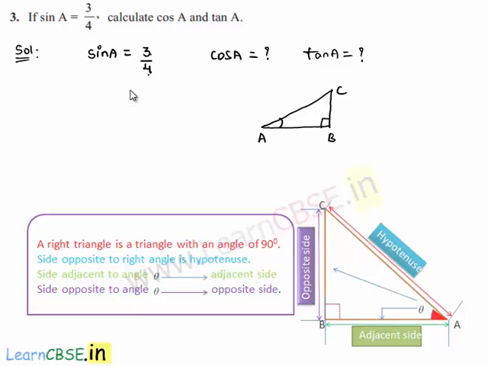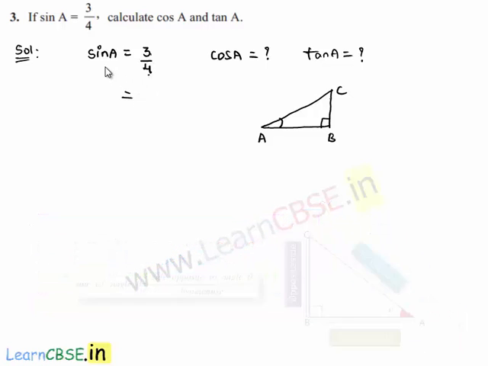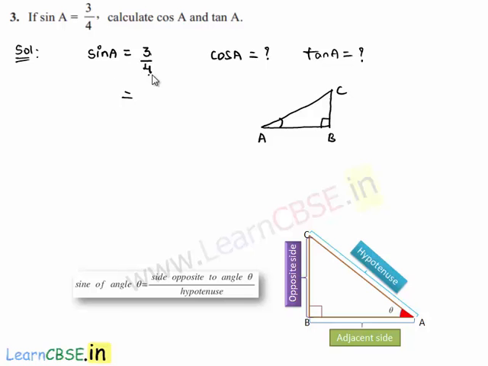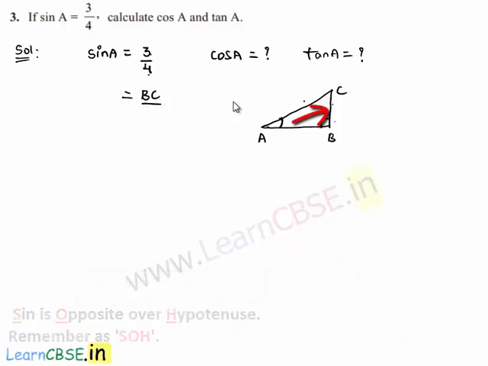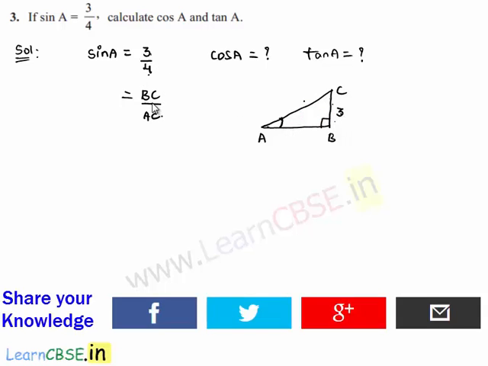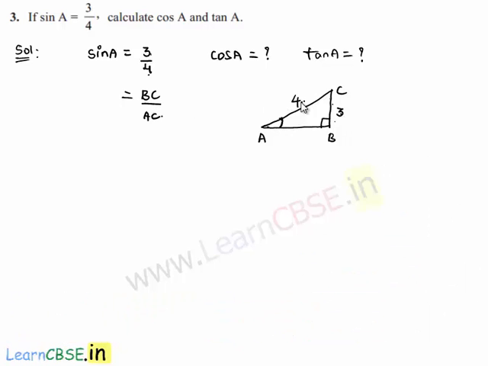We know that sine of an angle is nothing but the ratio of its opposite side by hypotenuse. Here the opposite side of angle A is BC, and the hypotenuse in this triangle is AC. Therefore we can write BC as 3 and hypotenuse AC as 4.